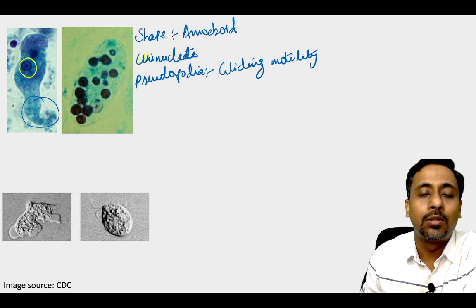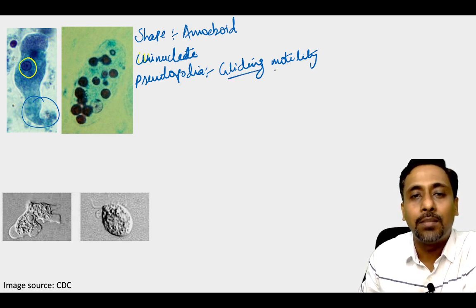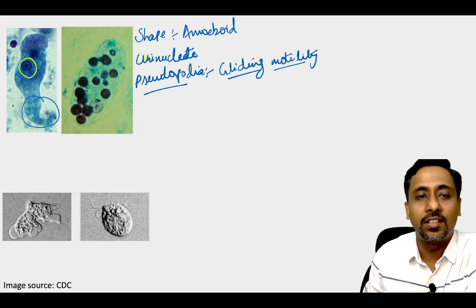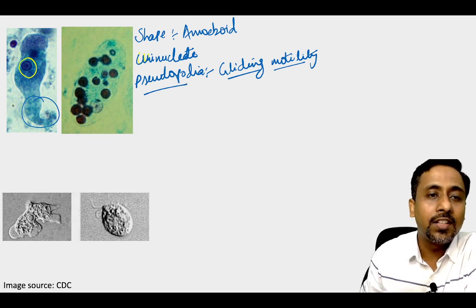So all trophozoites in which there is no flagella will have gliding motility by virtue of pseudopodia. Remember this. What else can we see?